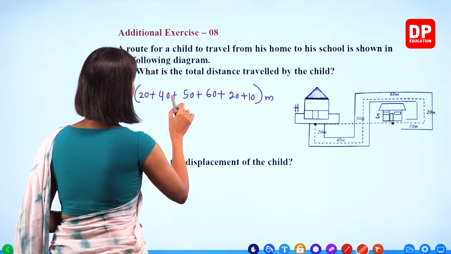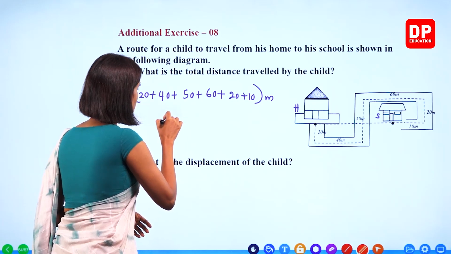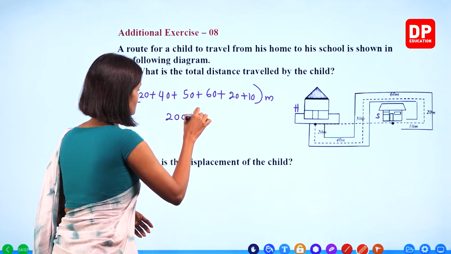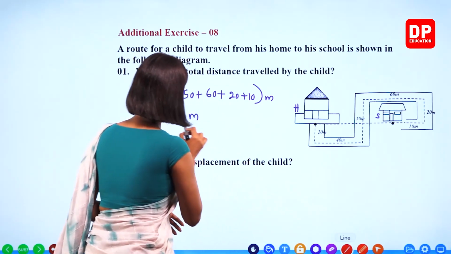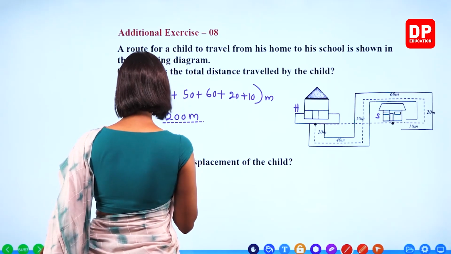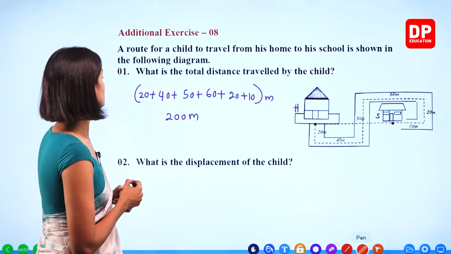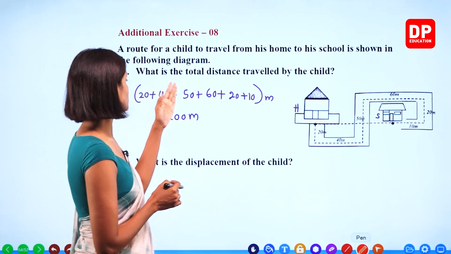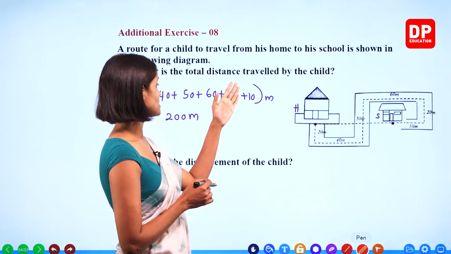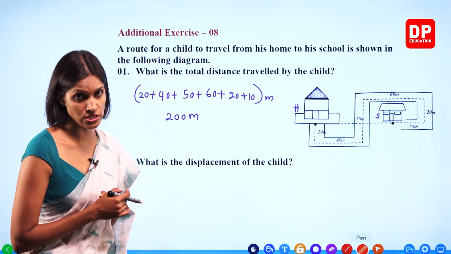Right, children? So the answer is 200 meters. 200 meters is the answer. 20 plus 40 plus 50 plus 60 plus 20 plus 10 equals 200 meters.